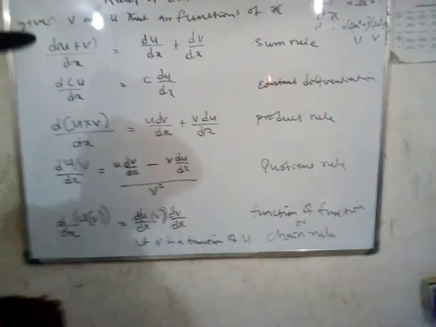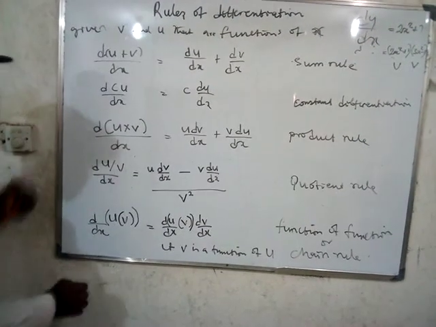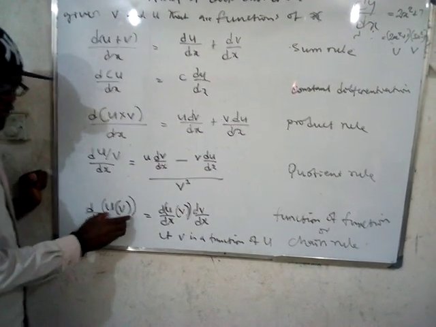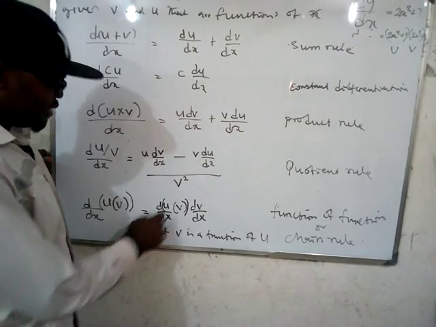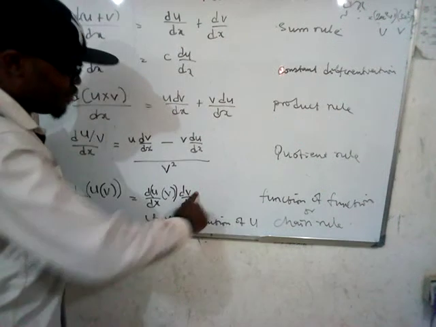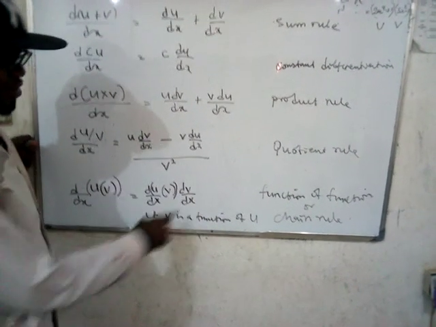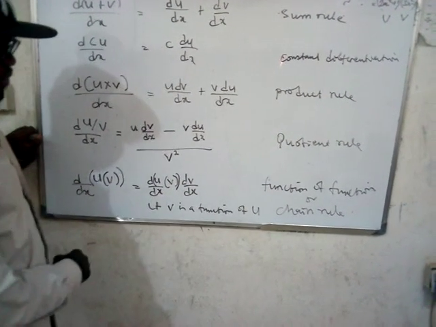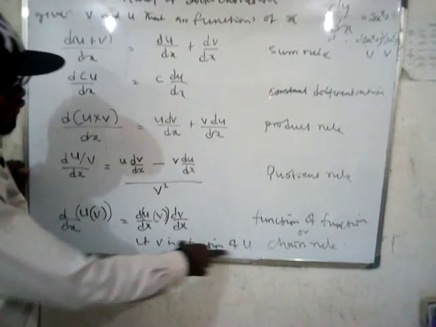Now we have what we call function of a function, or you call it the chain rule. It simply means that if you have y that is a function of u, and u is a function of x, their differential is the differentiation of the function of the function times the differentiation of the second function. That's dy over dx, where y is a function of u.